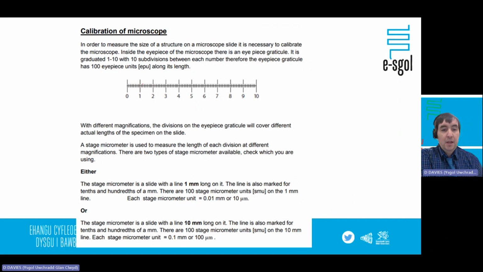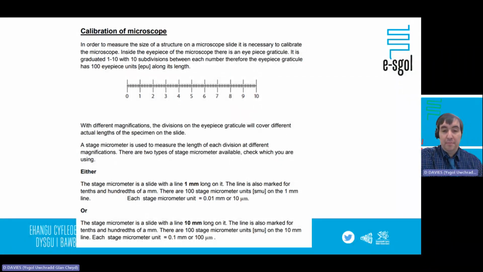Your stage micrometer either is a slide with a 1 millimeter ruler on it. The line is also marked for tenths and hundredths, so there are 100 stage micrometer units, SMUs, on that line. Or your stage micrometer is a slide with 10 millimeters on it, so 1 centimeter, and the line is also marked for tenths and hundredths.